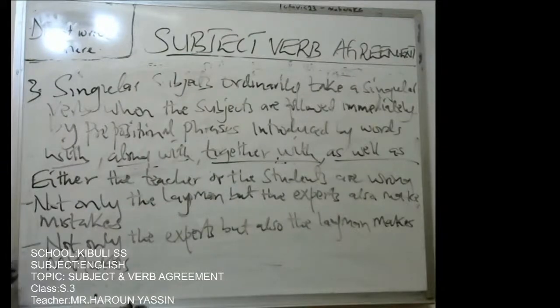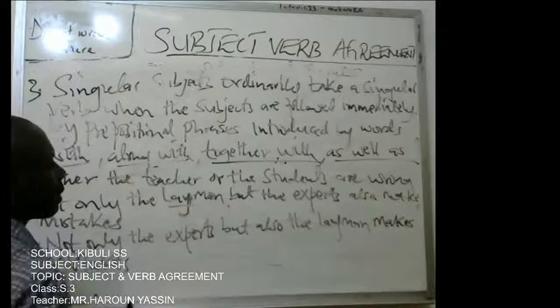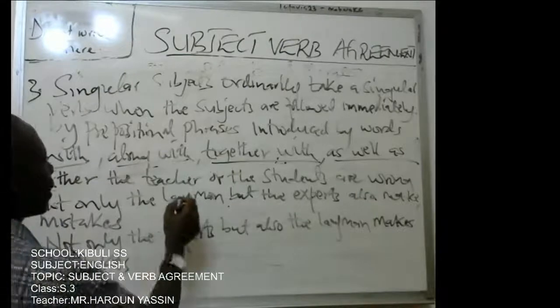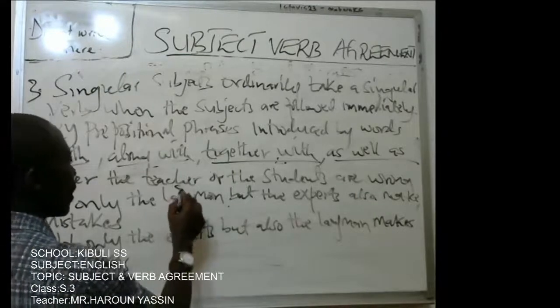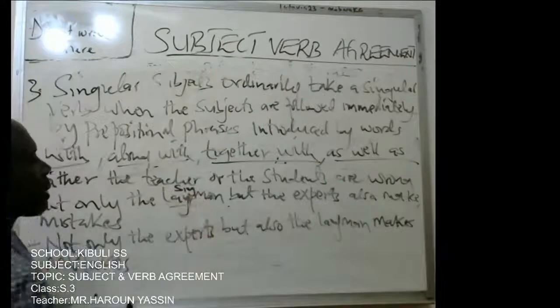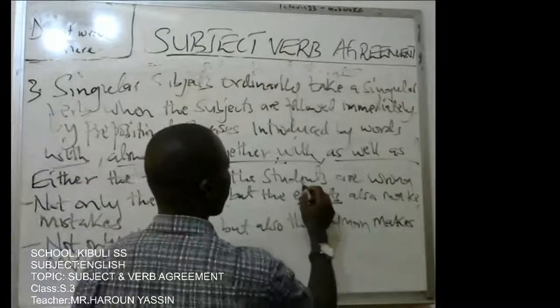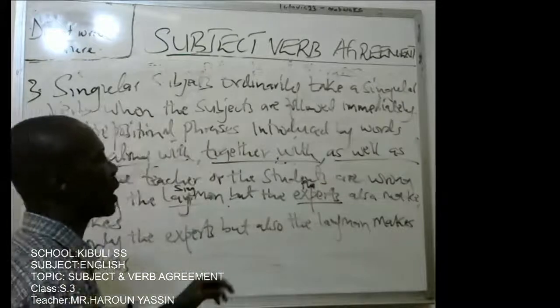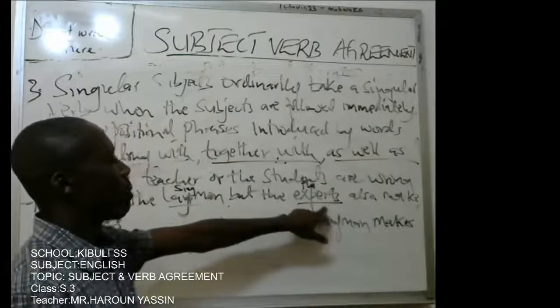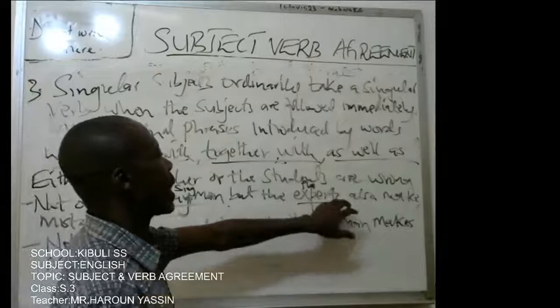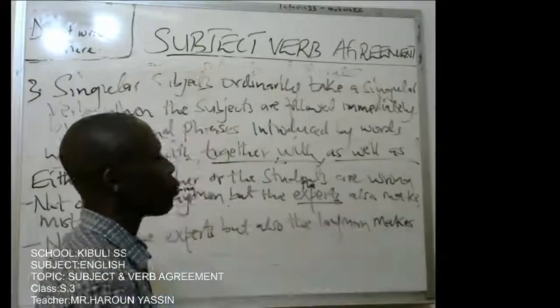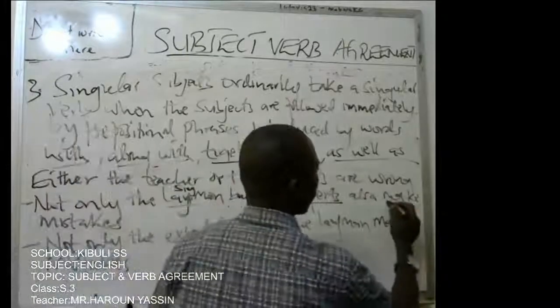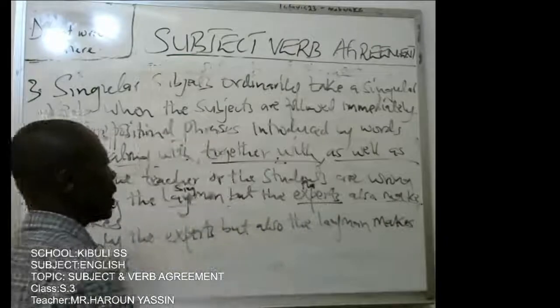We have the layman here, which is a singular subject, and the experts is a plural subject. Because the plural subject comes last, we shall have a plural verb, and in this case the plural verb is "make."